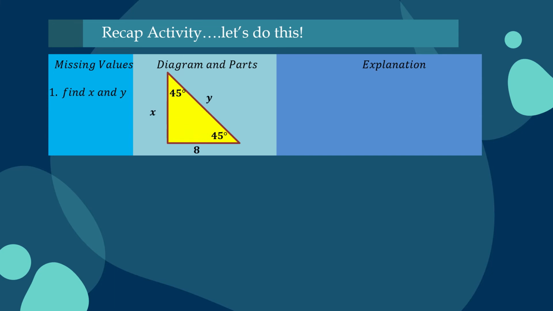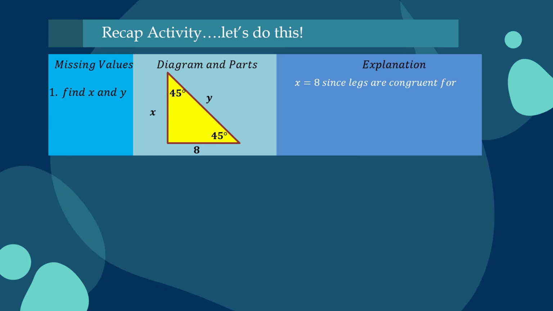We have a 45-45-90 degree right triangle, wherein the given is only one side of the isosceles right triangle. So we'll find the value of x and the value of y, the hypotenuse. How are we going to find the value of x and y? So x is equal to 8.